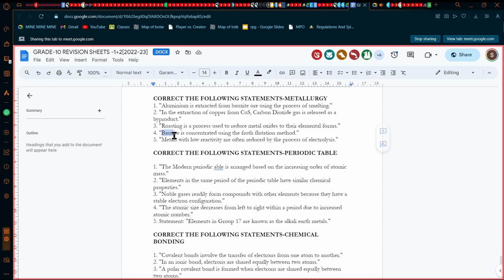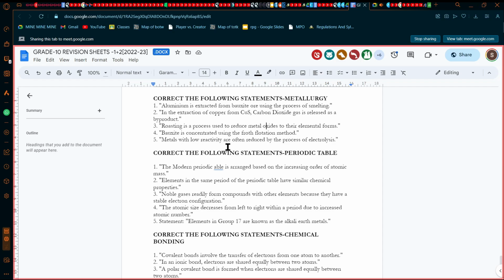Bauxite is concentrated using the froth flotation method? That's wrong. It's concentrated using the chemical method, the Bayer process. What is the Bayer process? Putting sodium hydroxide, making it sodium meta aluminate, NaAlO2.